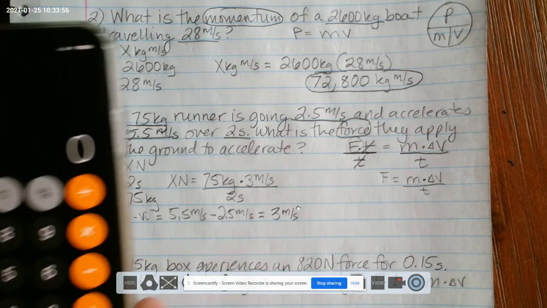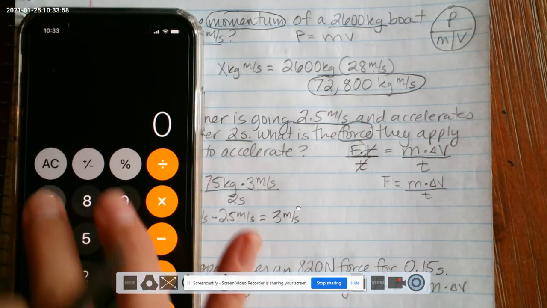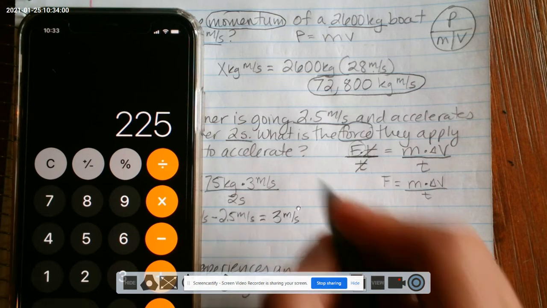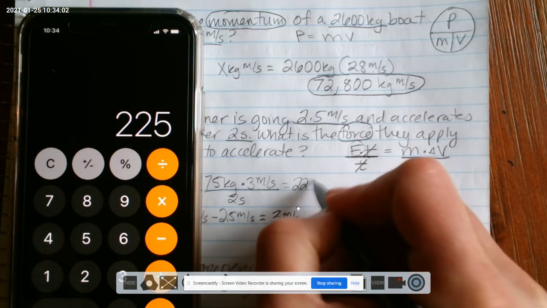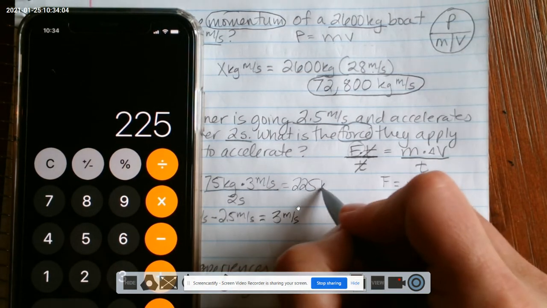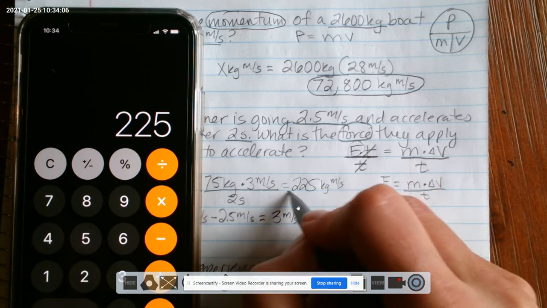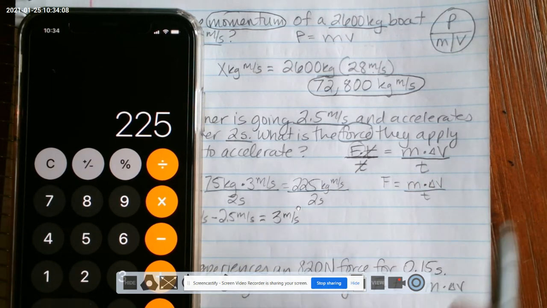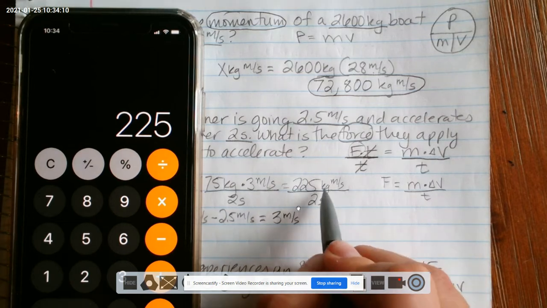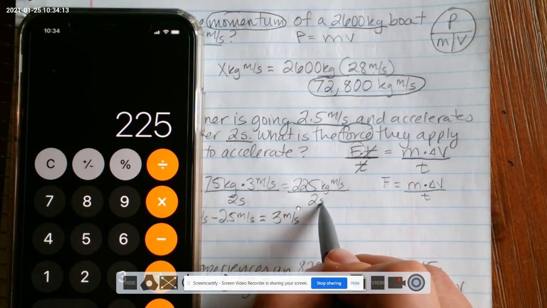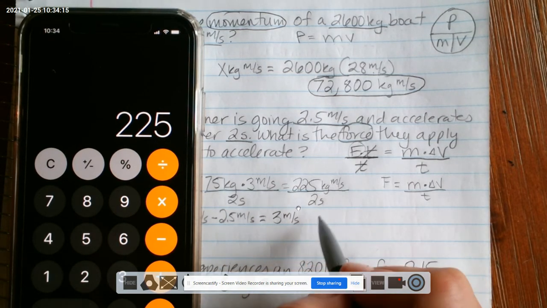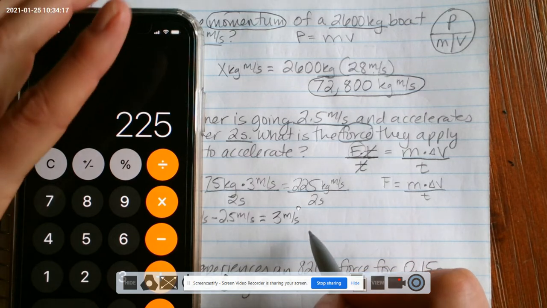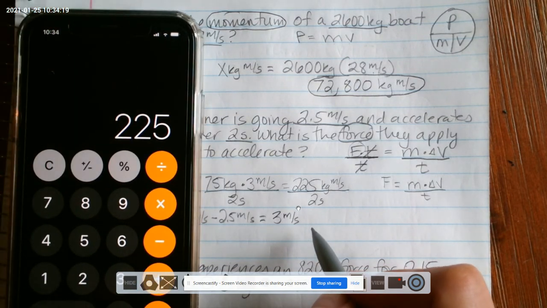So 75 times 3, you could probably do that in your head, but let's just make sure we get it correct. 225, remember that's kilograms times meters per second. Dividing it by 2 seconds, that's going to give me kilograms meters per second squared. Remember that? So that's a Newton.